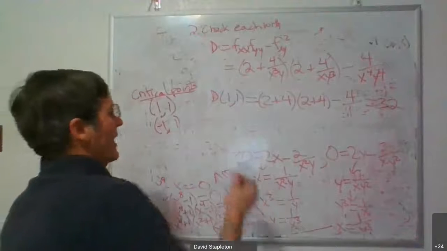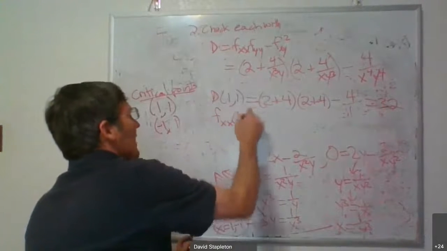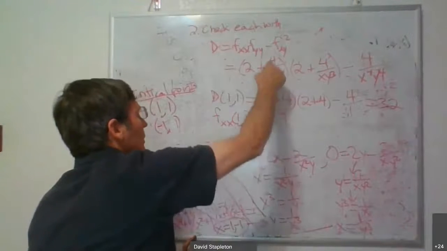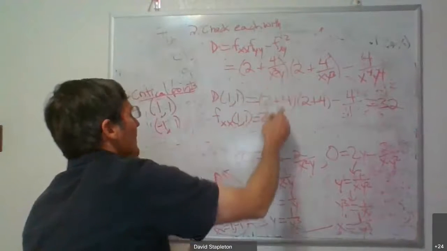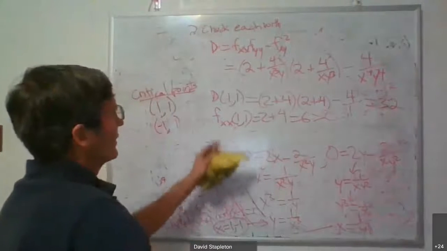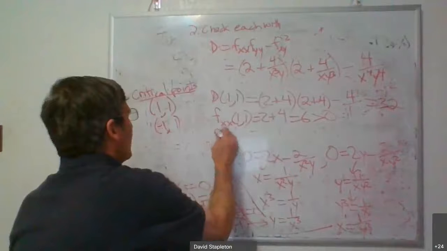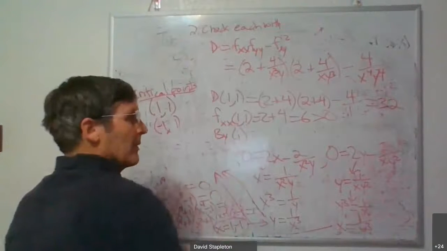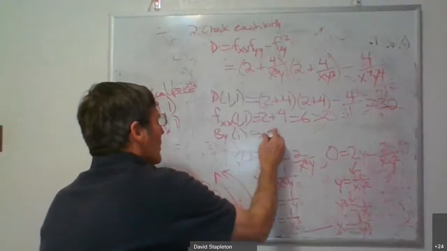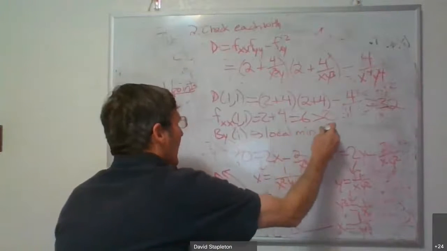Let's just do fxx. It doesn't matter which one you do with that. fxx at (1, 1), and we still have it up here, is 2 plus 4 over 1 times 1, which is 6, positive. Second derivative is positive. With D positive, by part 1 of our second derivative test, we have a local minimum at (1, 1).